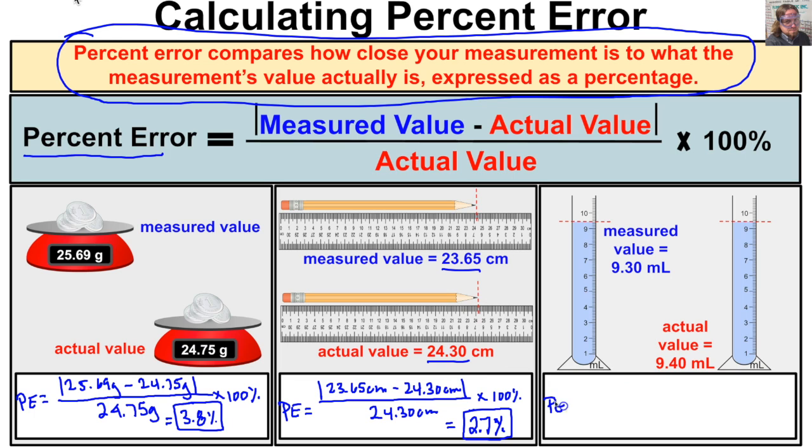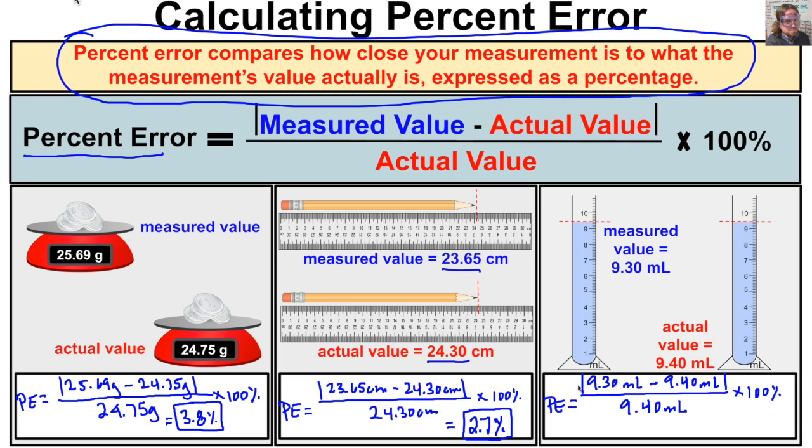If we wanted to calculate the percent error of these two measurements right here, we're going to take the absolute value of our measured value, which was 9.30 milliliters, minus the actual value, which was 9.40 milliliters. We're going to divide this by the actual value, which was 9.40 milliliters, and multiply by 100%.